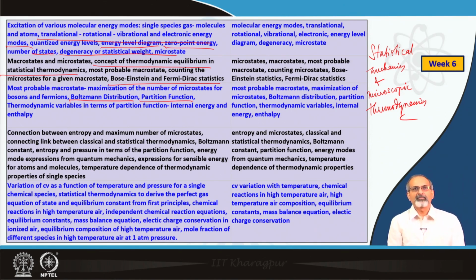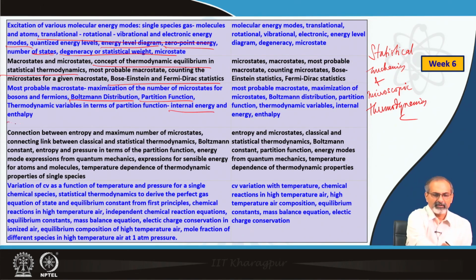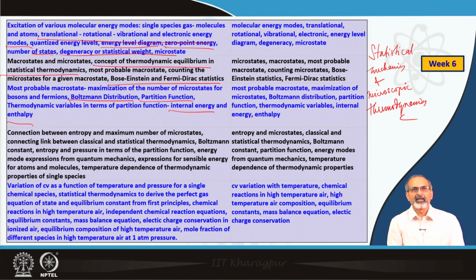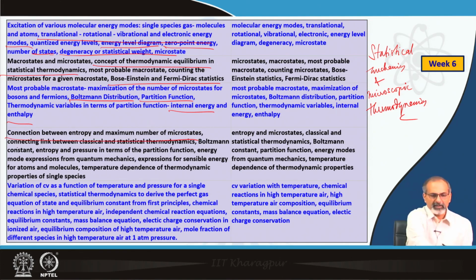Then the concept of partition function was introduced at this point, and thermodynamic variables were expressed in terms of partition function, which we did for internal energy and enthalpy. Connection between entropy and maximum number of microstates was discussed, and that was explained as the connecting link between classical and statistical thermodynamics.